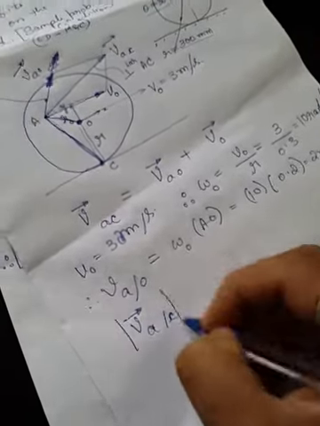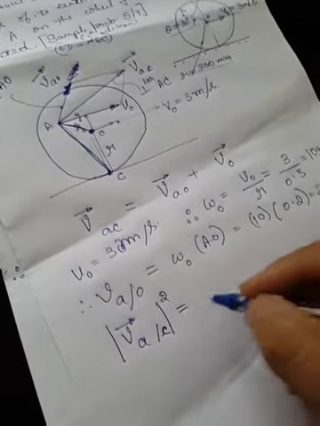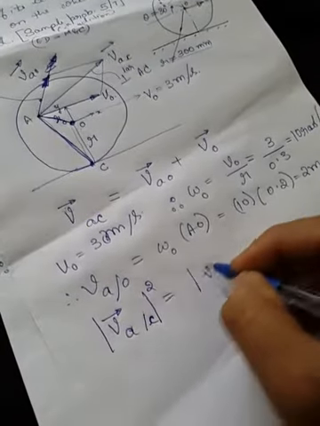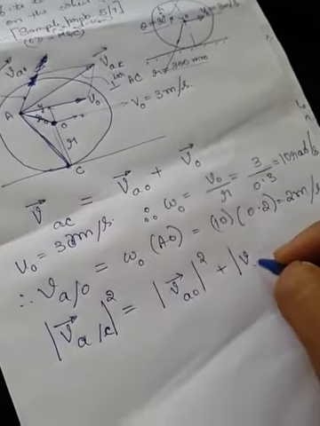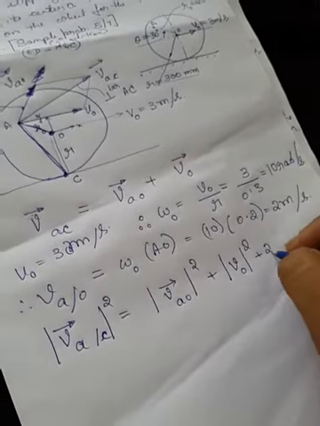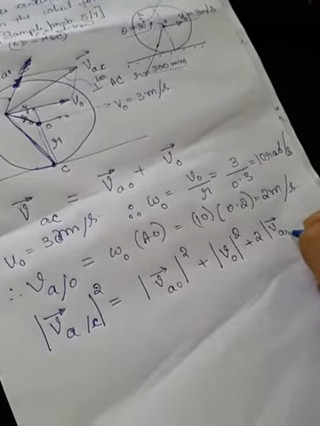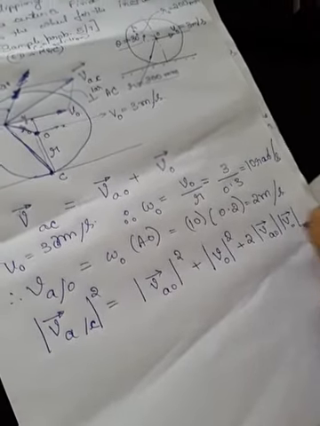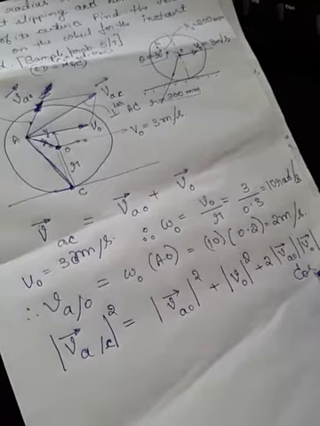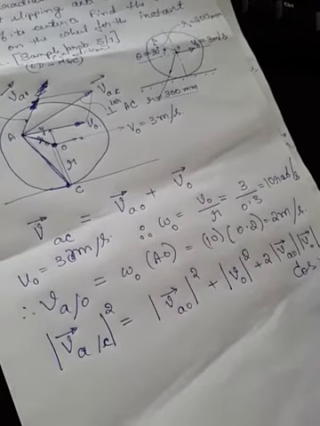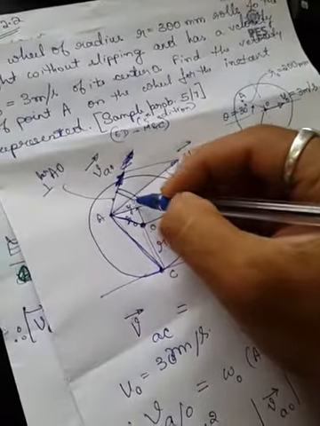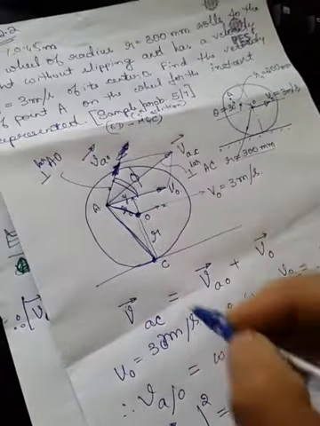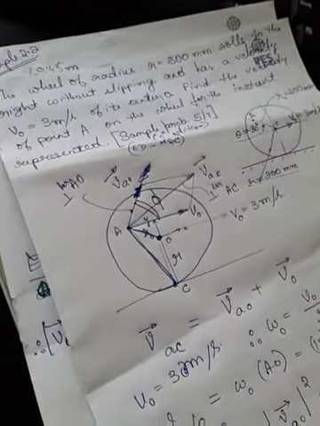VAC magnitude squared will be equal to the magnitude of VAO squared plus magnitude of V0 squared plus 2 times VAO times V naught times cos of this angle, let me say phi, which is this total angle. How do we find the value of phi?